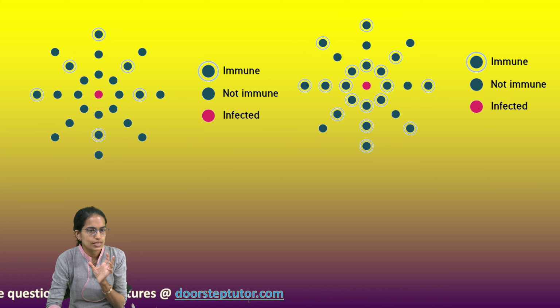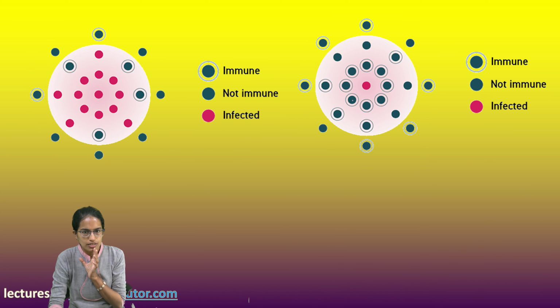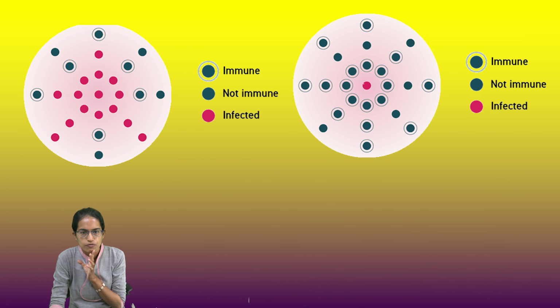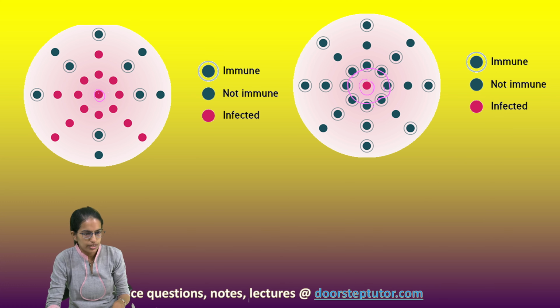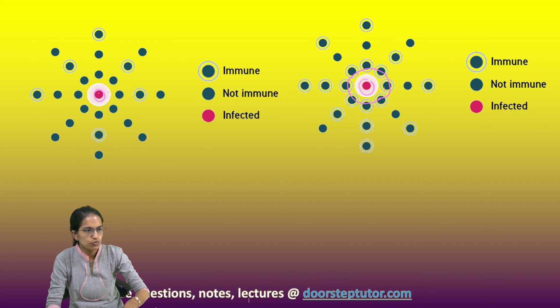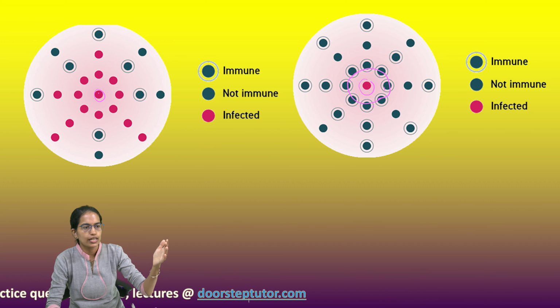Now as you can see, there are two cases that we have understood. In the first case, the first person is infected but all the surrounding persons are immunized, so the disease does not move further. However, in the second case, the first person is infected, and the infection moves from the first to the second and so on.